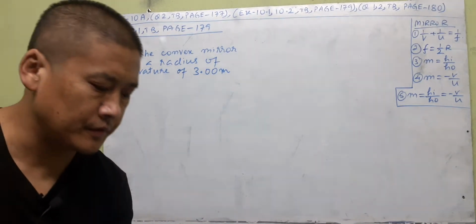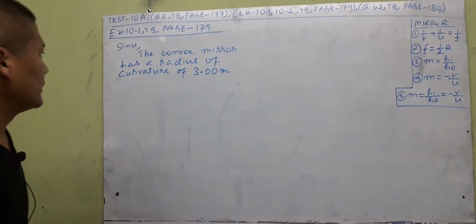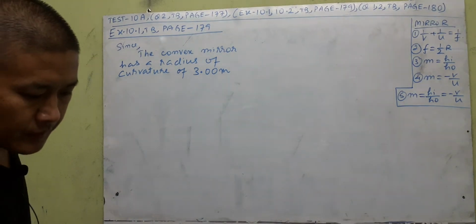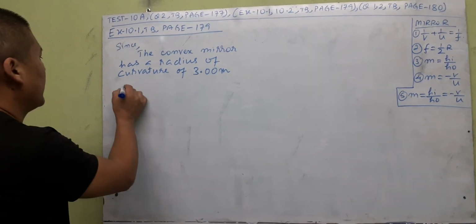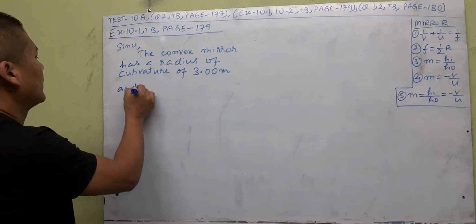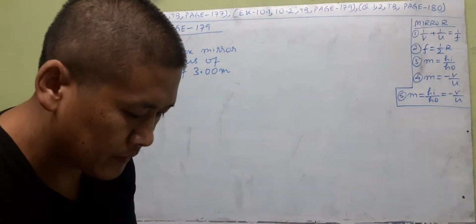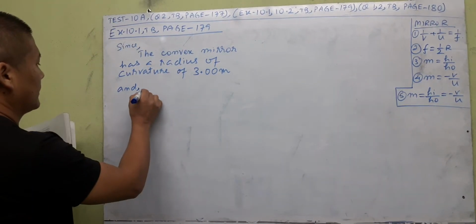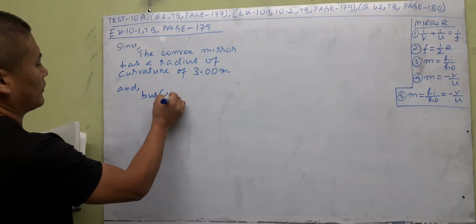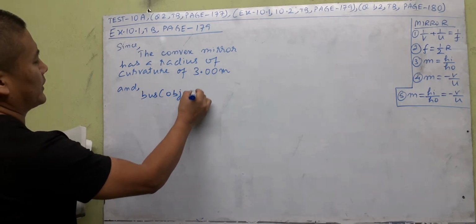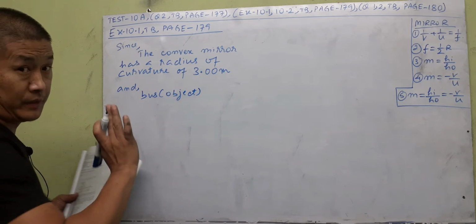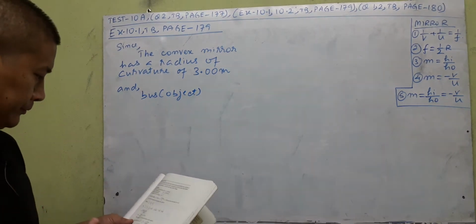And another information is given. Next sentence, bus, you can write in brackets if you want. This is extra we're putting. Bus is the object behind the car mirror.